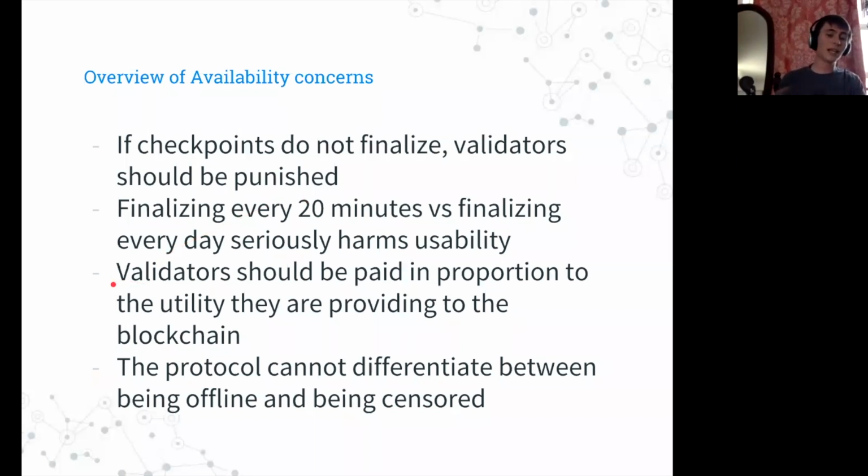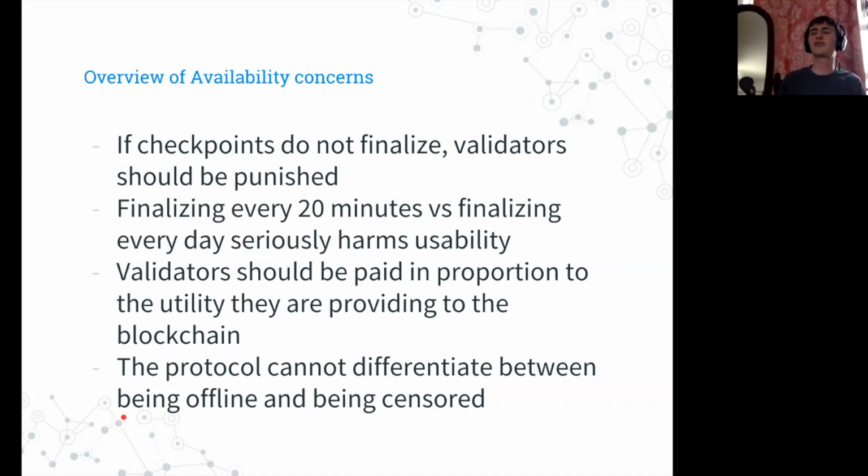So anyway, validators should also be paid in proportion to the utility they're providing in the blockchain. Essentially that means that if I'm dead weight and I'm not preparing and I'm not committing, I'm going to be penalized for not really contributing. However, we cannot differentiate between being offline and being censored. This is an unfortunate truth.